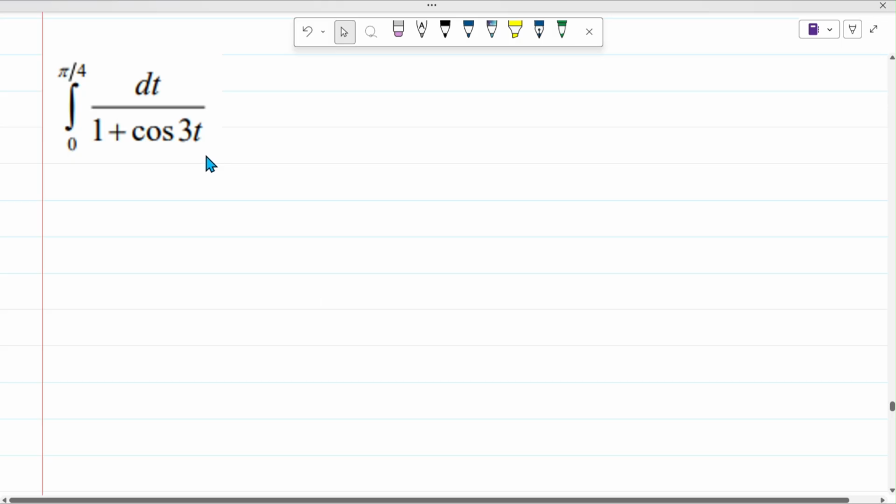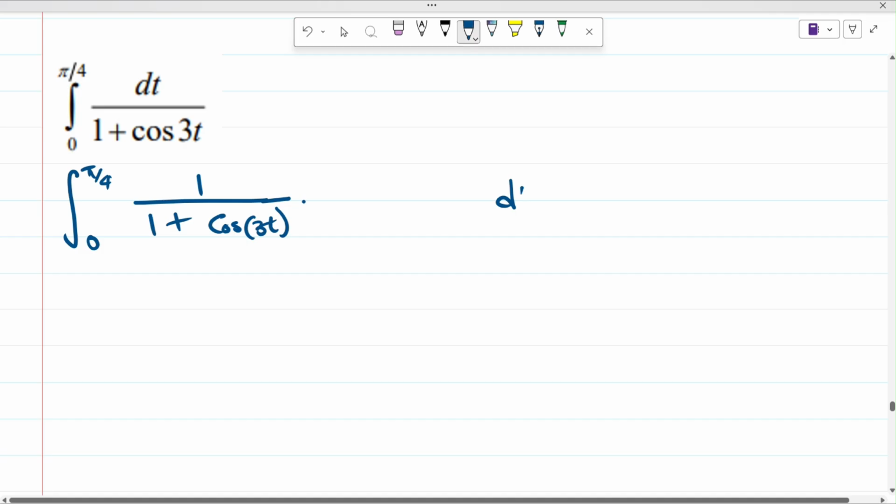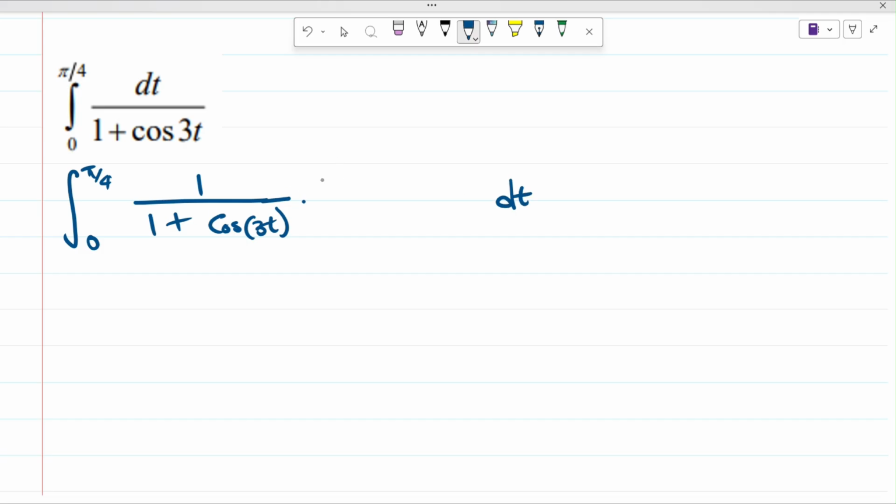So here's how this one is going to go. The integral from 0 to pi over 4 of 1 divided by 1 plus cos 3t dt. Let me write it far enough. Now we multiply by our Pythagorean conjugate because we have a constant divided by a constant plus or minus a trig function.